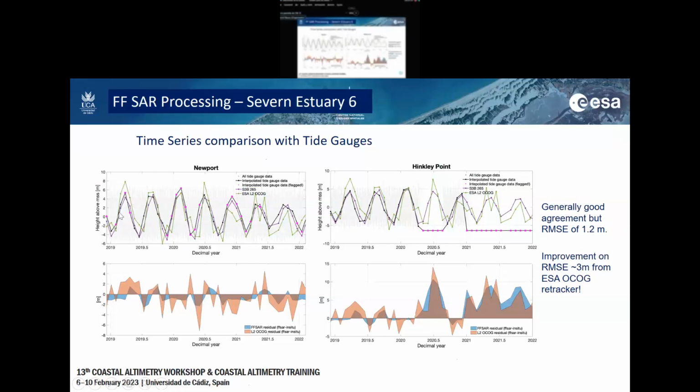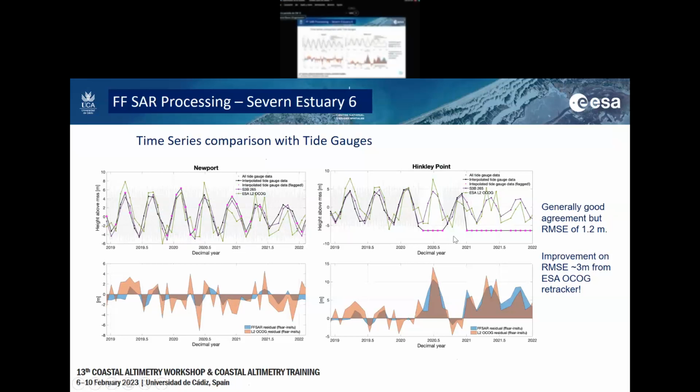The black line is the tide gauge data interpolated to the time of the satellite passes. There are some red points that are flagged on that. Then the purple line is the Sentinel-3B fully focused, so the result from the fully focused SAR processing using the 10P retracker, and then the green line is from the OCOG retracker.